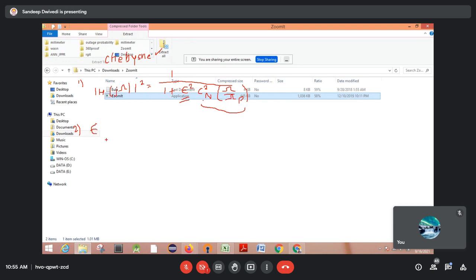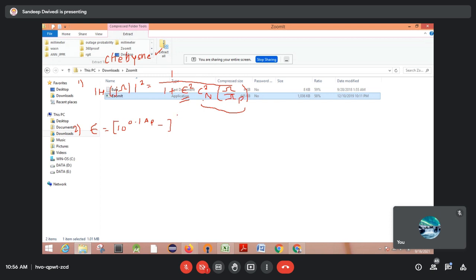This parameter represents the ripple parameter in the passband. The formula for this, if values are given in dB, will be 10 raised to power 0.1 Ap in dB, minus 1, raised to power half.